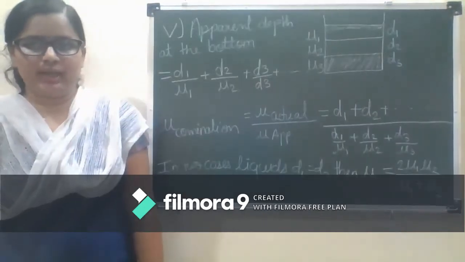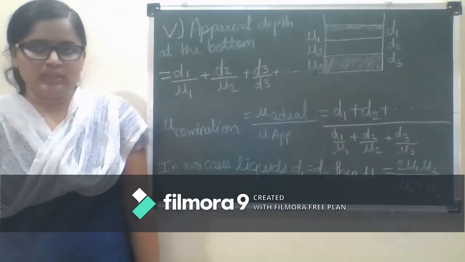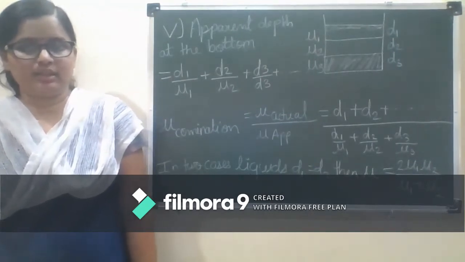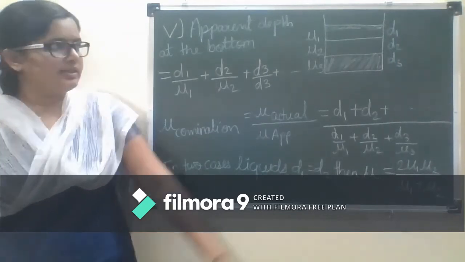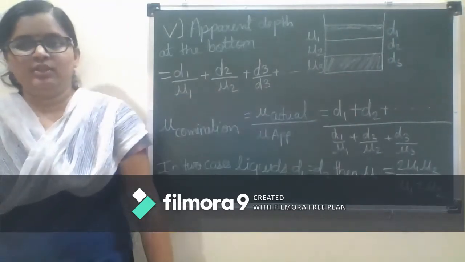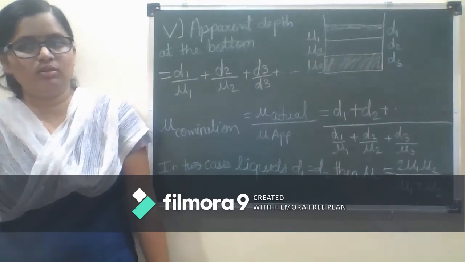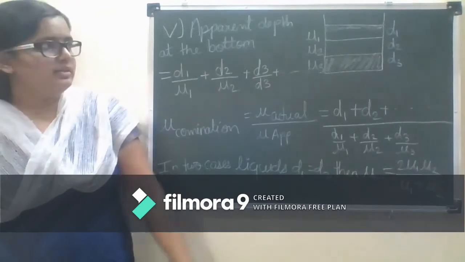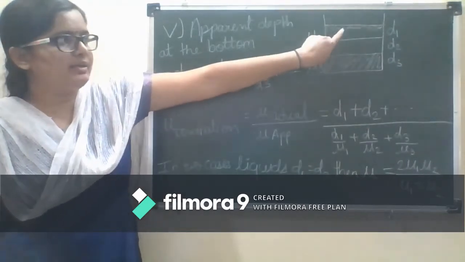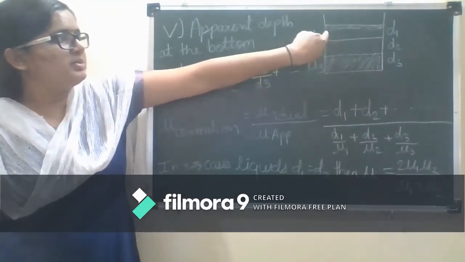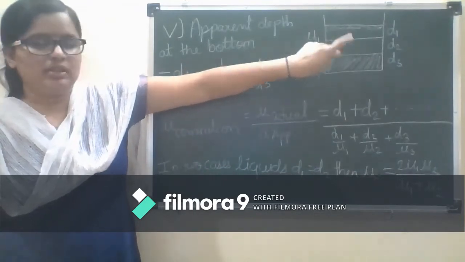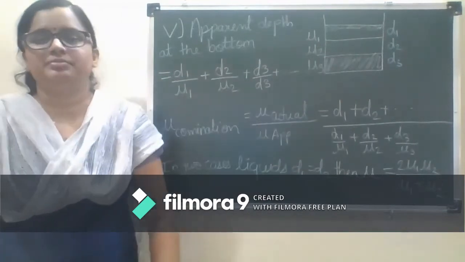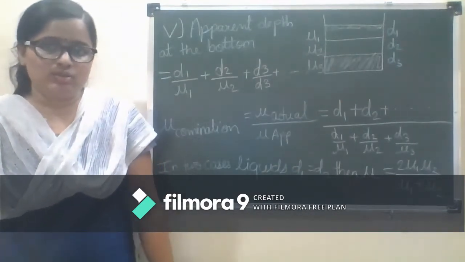Now we will see the apparent depth at the bottom. Consider a beaker in which three layers are inserted. The first layer is very thick, totally colored, the upper part, d2, with mu2, is somewhat lighter, and this is totally blank, totally white.